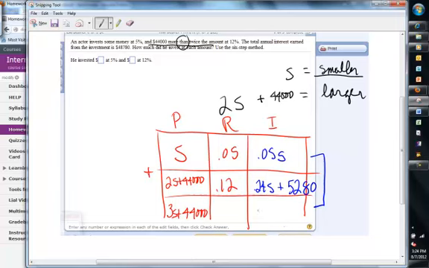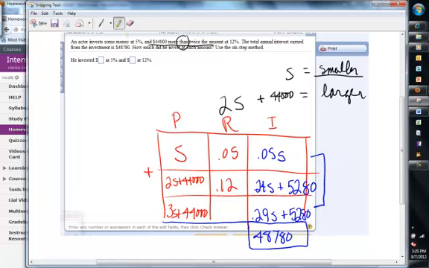Add these two together. So 0.05 plus 0.24 is 0.29S plus 5,280. Now, it tells us that the total interest was 48,780.